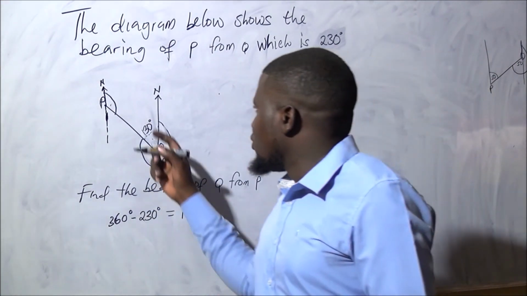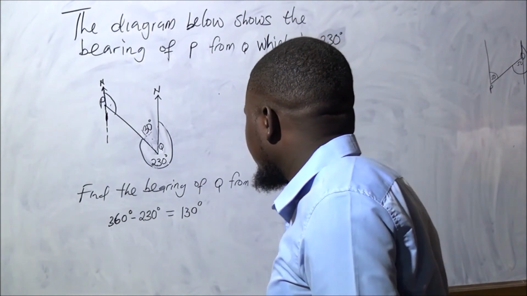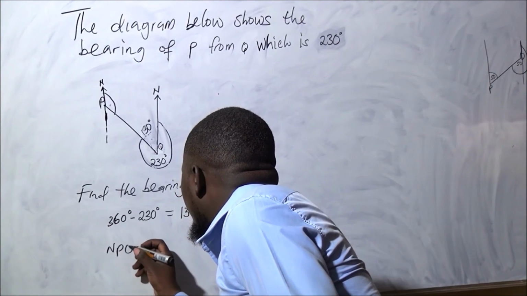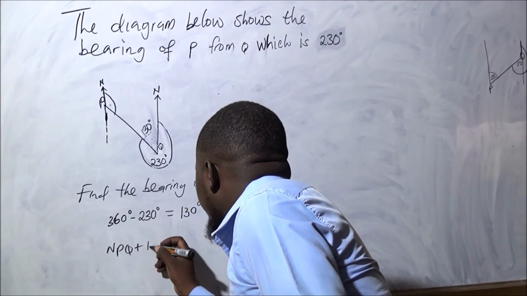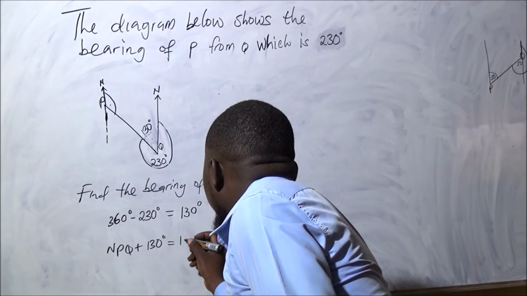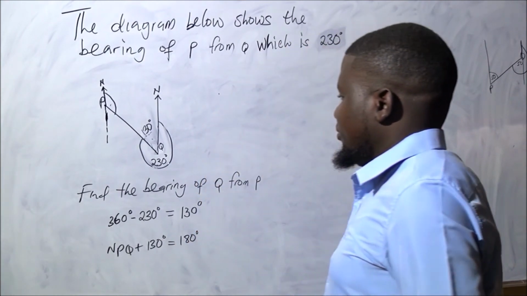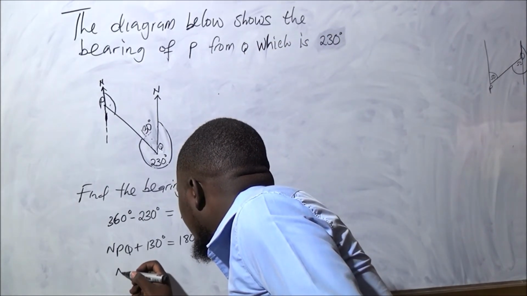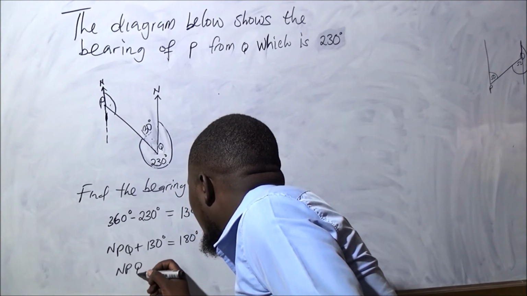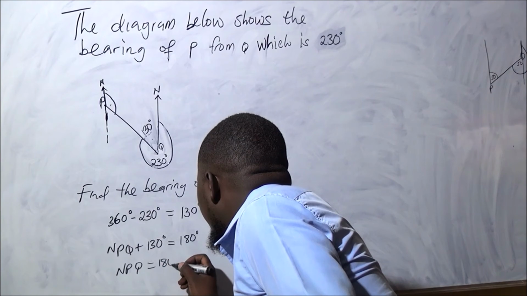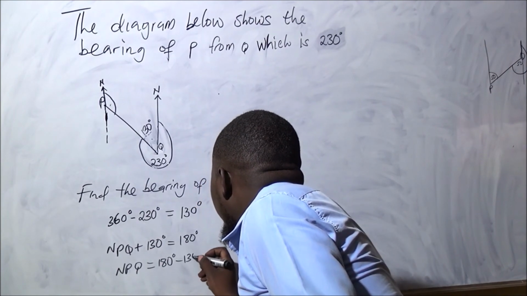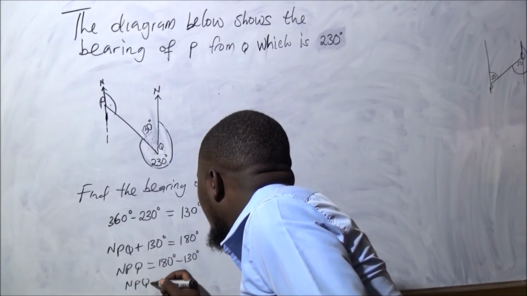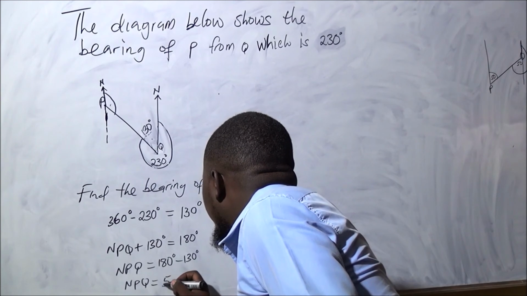So we'll say that NPQ plus 130 degrees is equal to 180 degrees. Thereafter, NPQ is equal to 180 degrees minus 130 degrees. NPQ is equal to, the difference here is just 50 degrees.